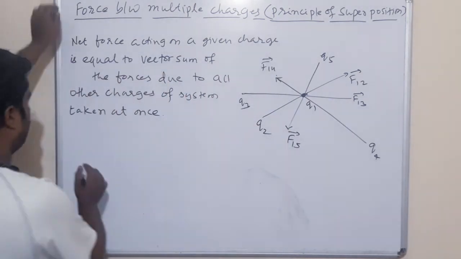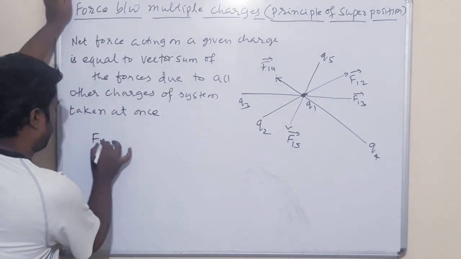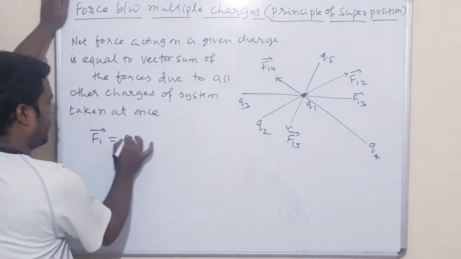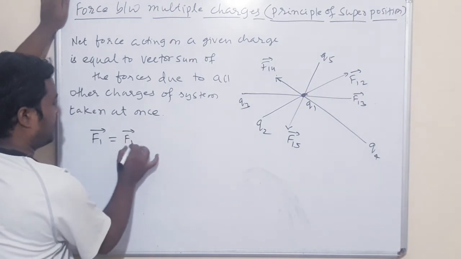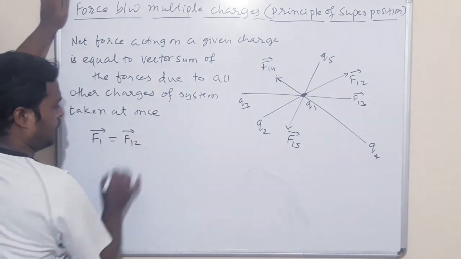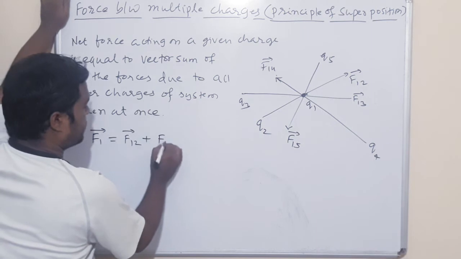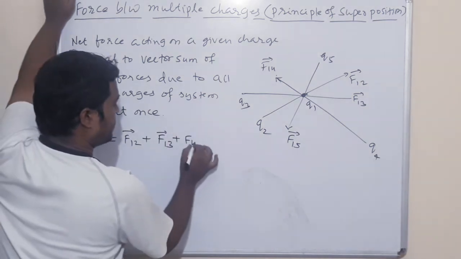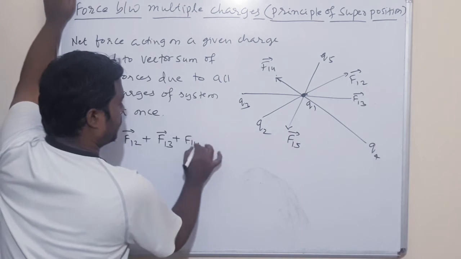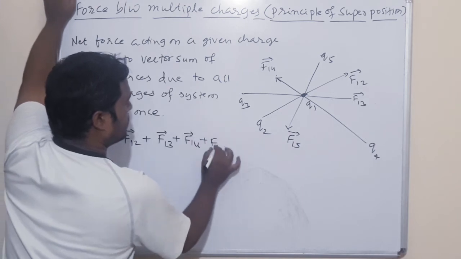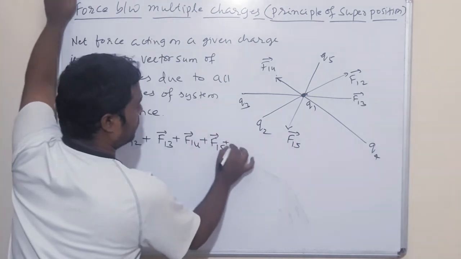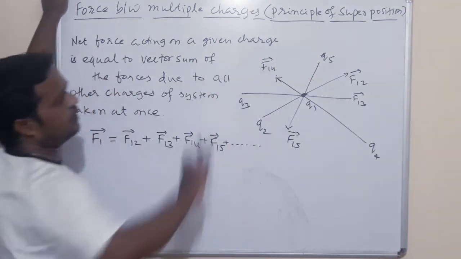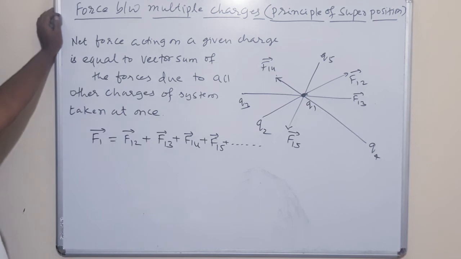That means the net force on Q1 will be equal to force on 1 due to 2, plus force on 1 due to 3, force on 1 due to 4, force on 1 due to 5, and so on. If there is an nth charge, you can calculate up to the nth charge.